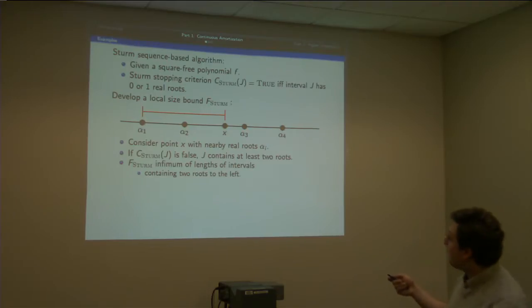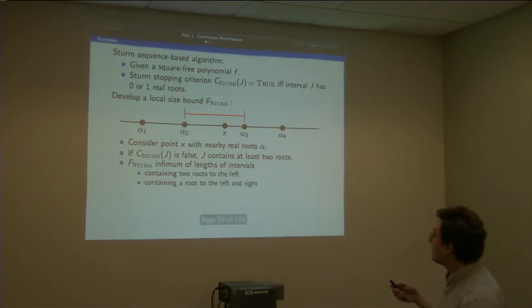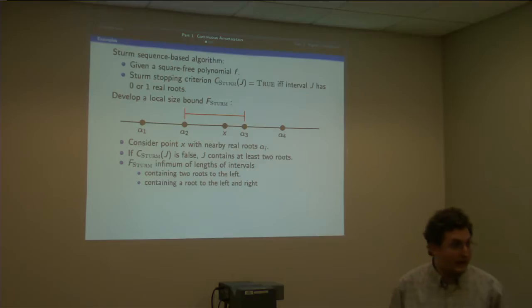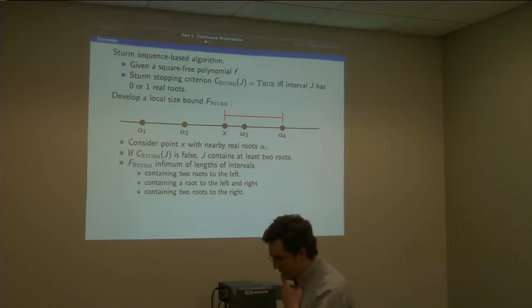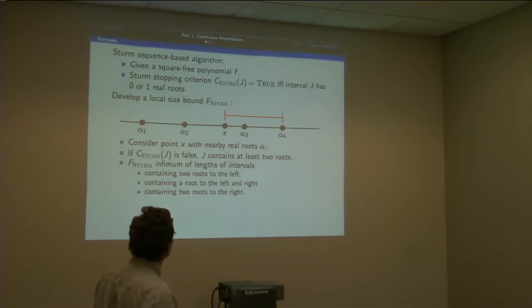You could have both roots on the left crowded together right near our query point x and everything else to the right spread out, or we could have alpha 2 and alpha 3 close to x, or anything like that.